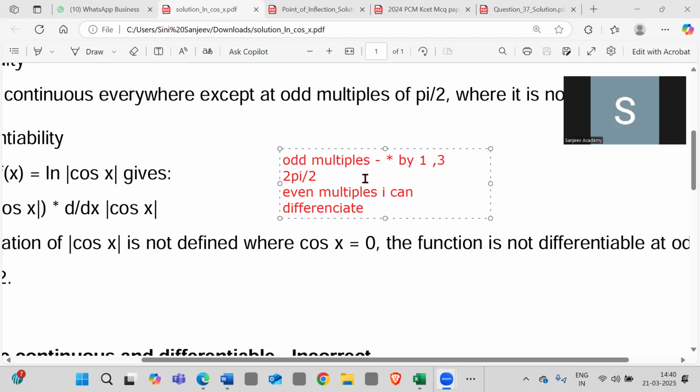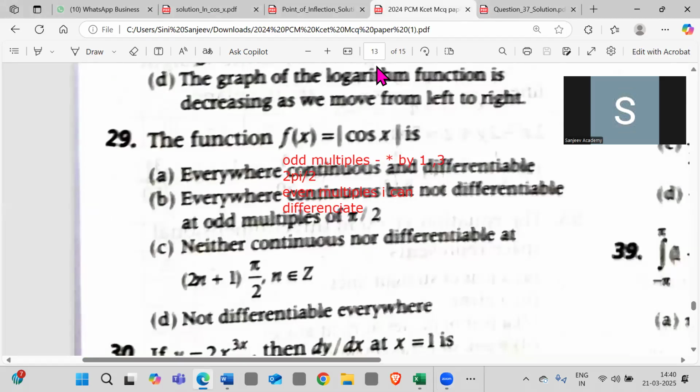Okay. So first thing is, then we have to go to the options here. Let me clear these things off.